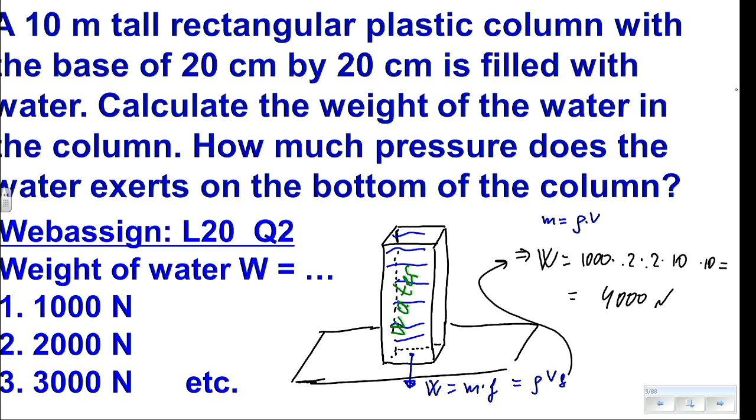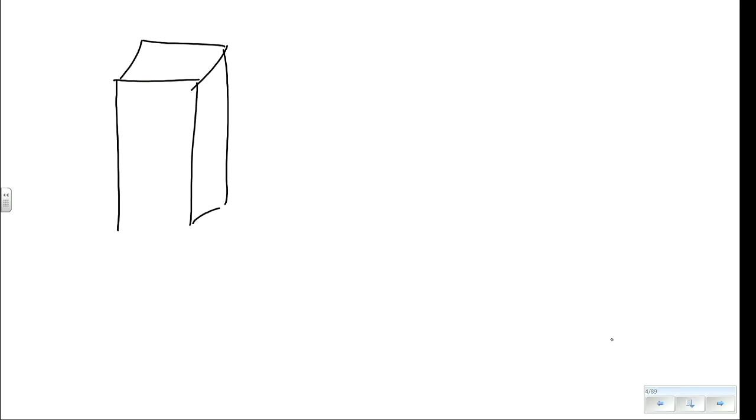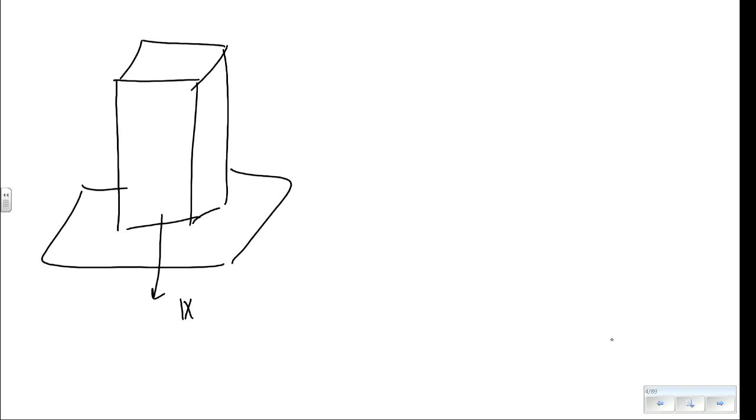And now we can calculate the pressure. The ultimate goal was calculating the pressure. How much pressure does it exert? So that's the weight.